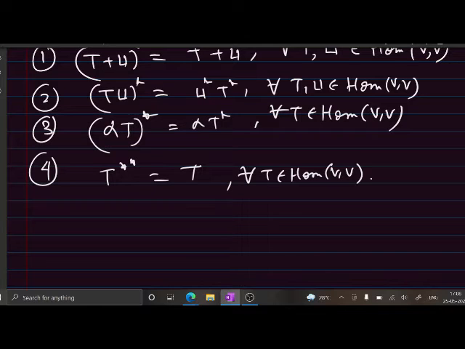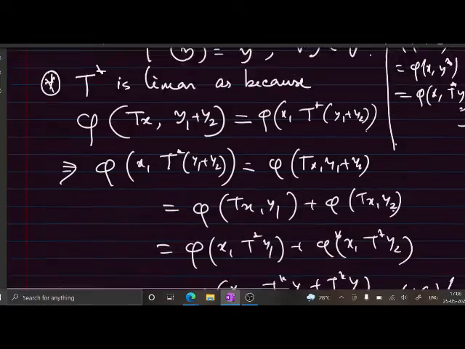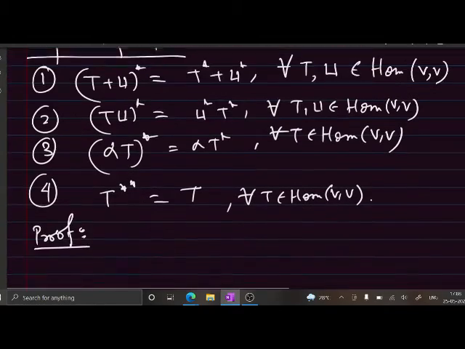So the proofs are very simple, just using the equation that has been stated above. Using this you can get every result.